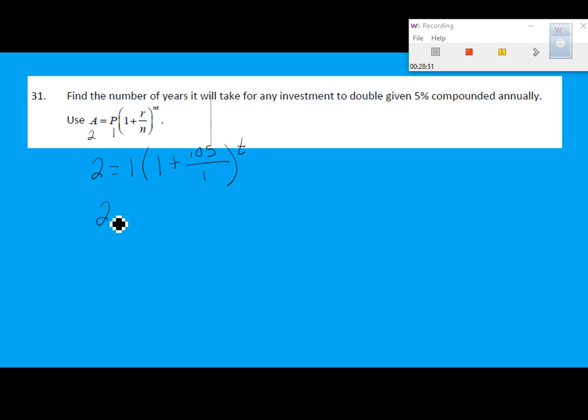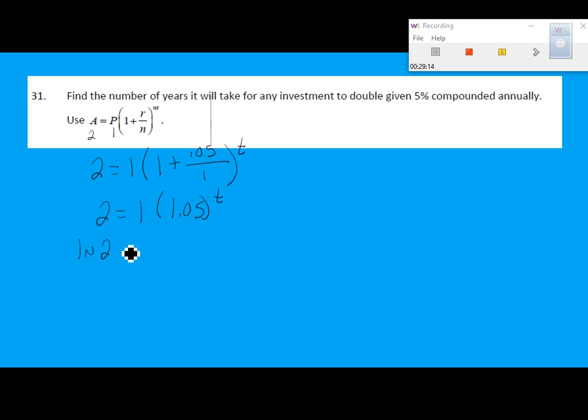Now if we start solving this, I've got 2 equal 1 times 1.05 to the t. Now to solve this, we can take the log of both sides or the natural log of both sides. It really doesn't matter. I'm going to use the natural log in this case. I'm going to natural log both sides.